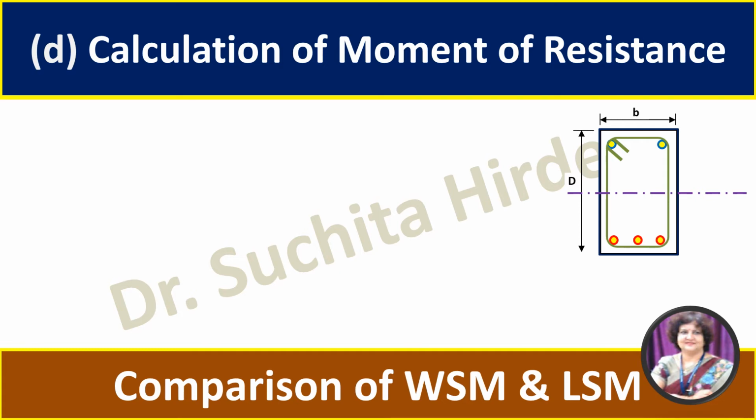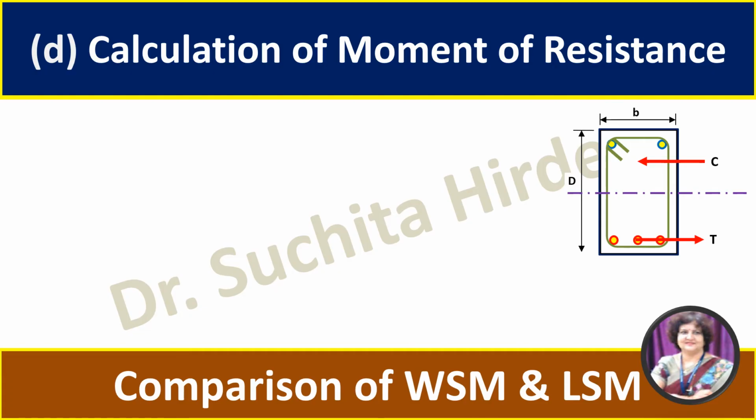If it is a simply supported beam and it is loaded, the top portion above the neutral axis will be subjected to compressive force, whereas the bottom portion will be subjected to tensile forces. As you know, in an RCC beam, the concrete below the neutral axis is neglected and we assume that tensile forces are carried by reinforcement only.